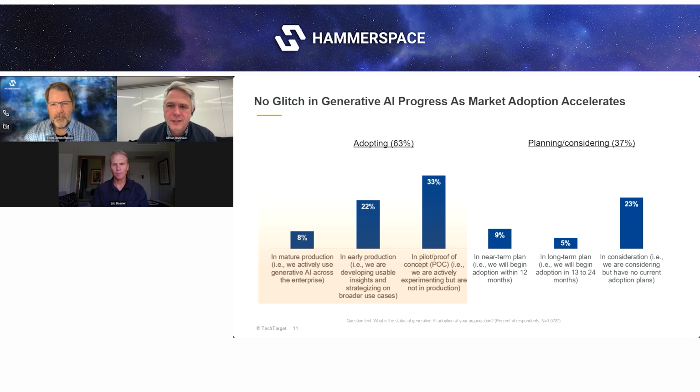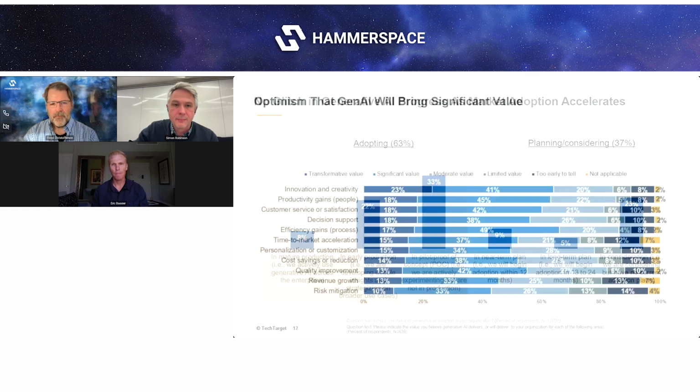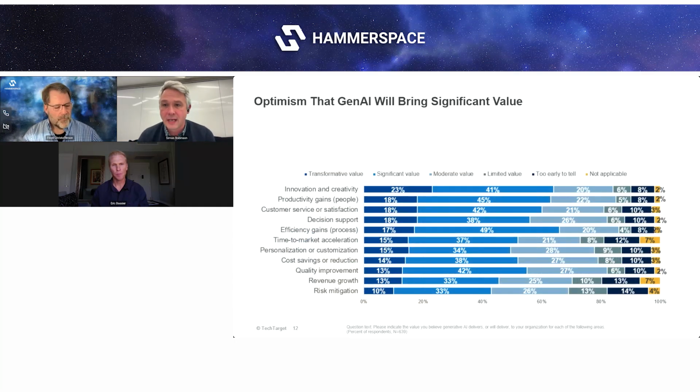But really, the question is, why are we seeing such levels of interest and adoption? I think a key thing is that there is significant optimism that Gen AI in particular is going to bring significant value.